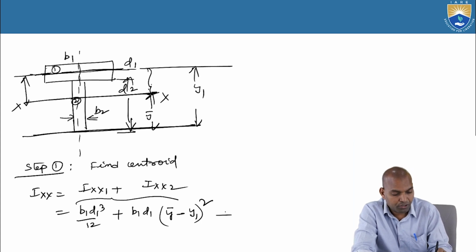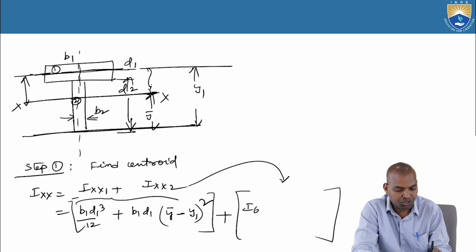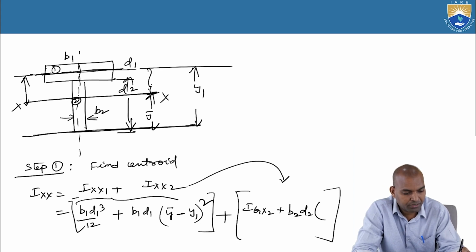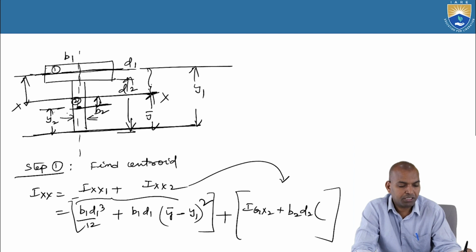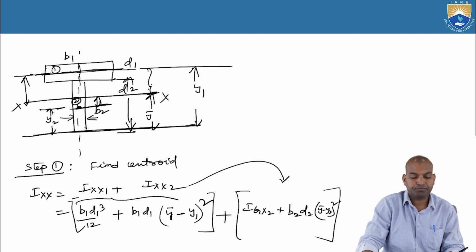One portion is over. Next, the second portion is the Ixx2 portion: Igx2 plus the area b2 d2 times the distance squared. The distance of the centroid of this individual section may be y2, so we want y bar minus y2 whole square.